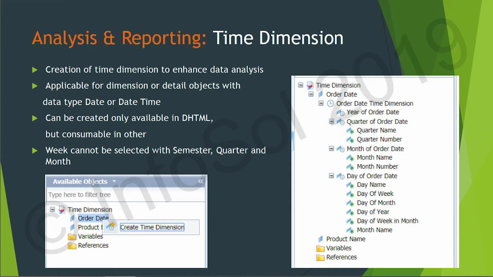What the time dimension allows us to do is, once you have added a date type dimension in the query of the report, it allows you to create more time dimensions out of the date to improve your data analysis. For example, on the right-hand side screen, and I'll also demo that in a live report.